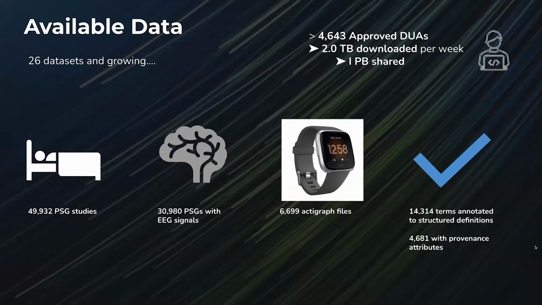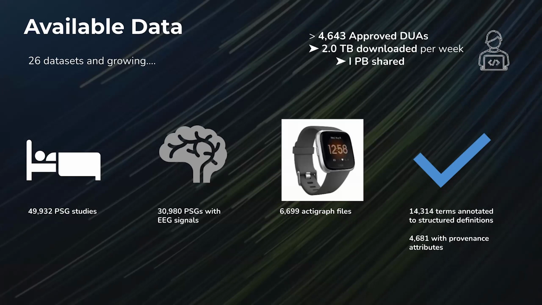So where we are now, we have 26 data sets with another 8 to 10 data sets on the launching pad, just in final stages of regulatory approvals and data modeling. These 26 data sets that we have now, though, include almost 50,000 individual overnight polysomnogram studies, about 30,000 that do have EEG studies, about 7,000 multi-day actigraphy studies.